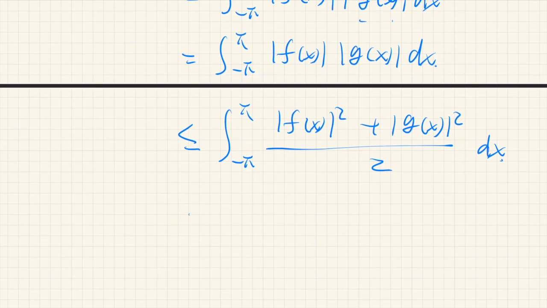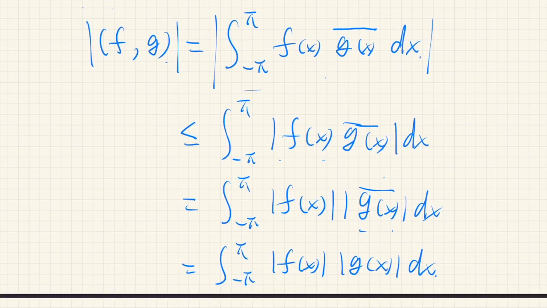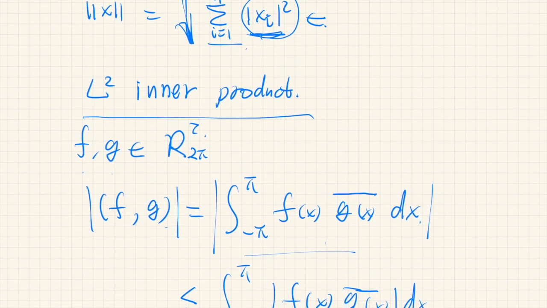Now, split the integrals, and let's use the norm notation. By assumption, this is finite and this is finite. Therefore, the sum is finite. Therefore, this integral makes sense and this inner product is well defined.